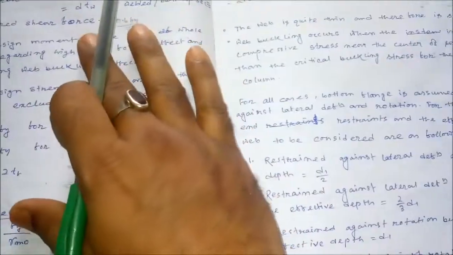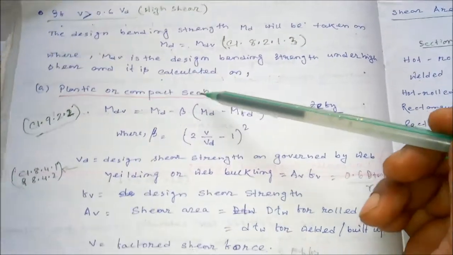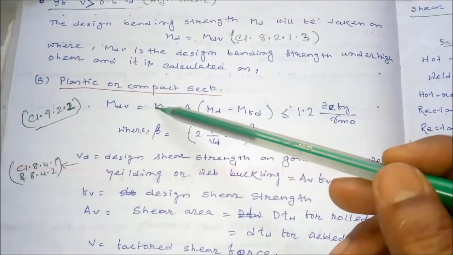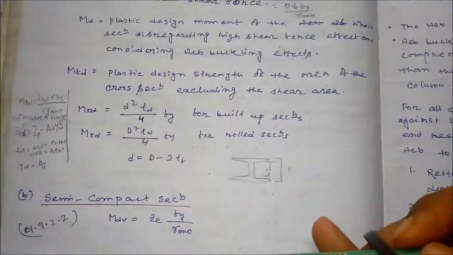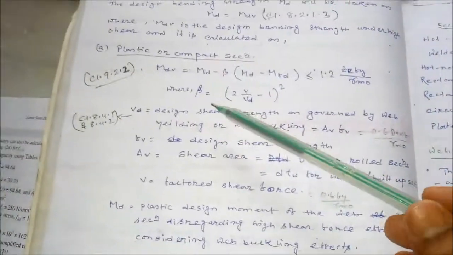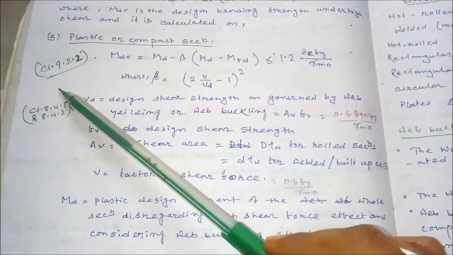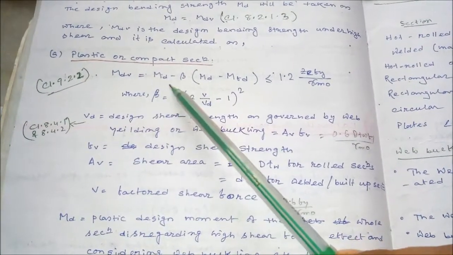And for the high shear case, also, there are two cases: one, if the section is plastic or compact section, or if the section is semi-compact section. For plastic and compact section, this is given in clause number 9.2.2, that is, Mdv will be equal to this equation.